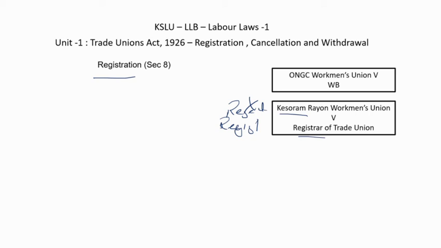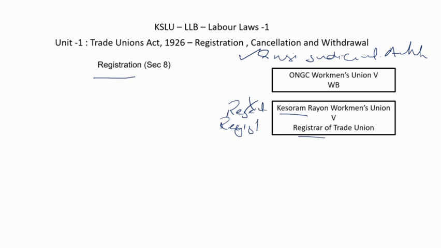And the other important point about the registrar is that he is not a quasi judicial authority, so it has nothing to do with the legal aspects. They have to perform and give the registration certificate if the document is as per the Trade Union Act of 1926.